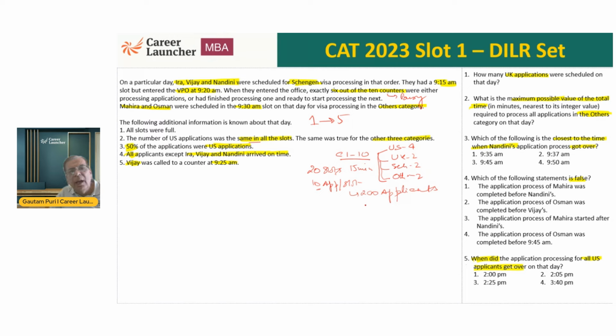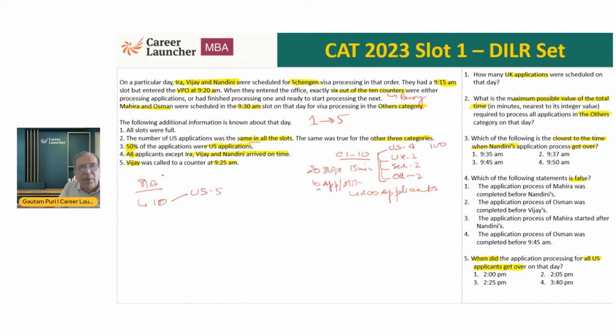Out of 200 applicants, US will be 50%, so 100. Or the other way to look at it, in every slot, out of the 10 applications, US will have 50%, or 5.